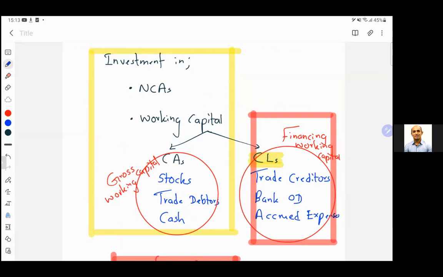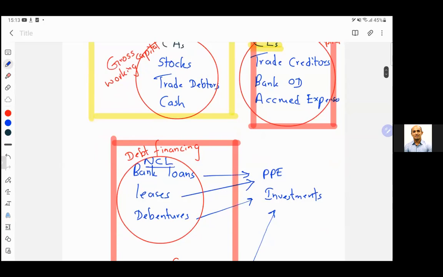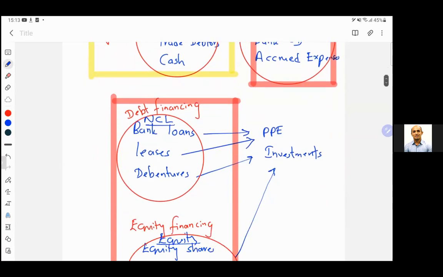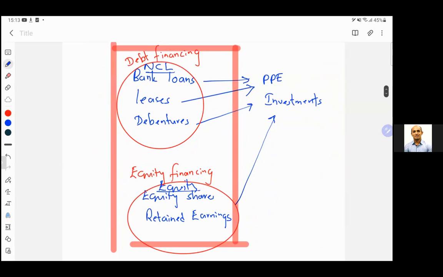So the balance part is equity, non-current liabilities, and current liabilities. Those are the company's financing activities. Your statement of financial position, in UK terms the balance sheet. In our context, we use the term statement of financial position.